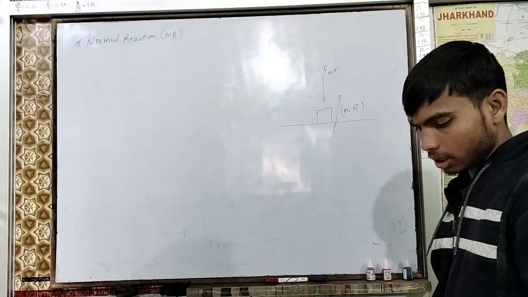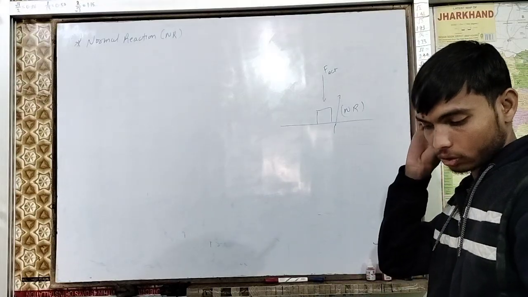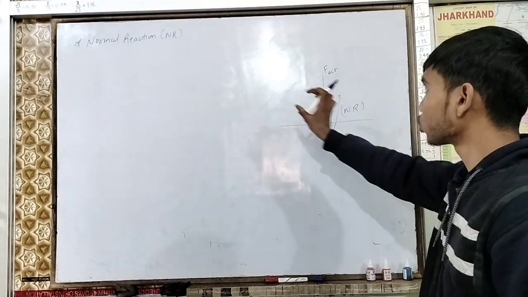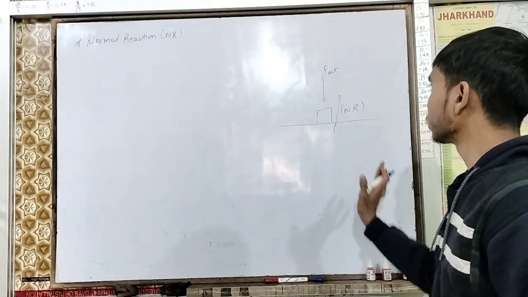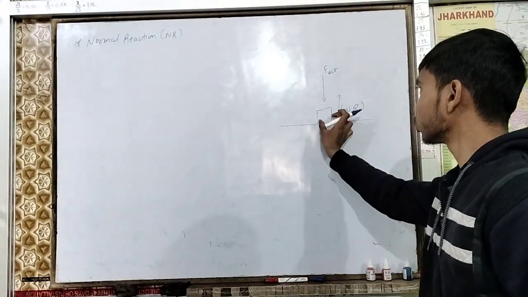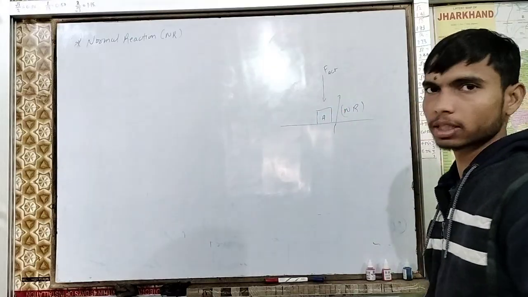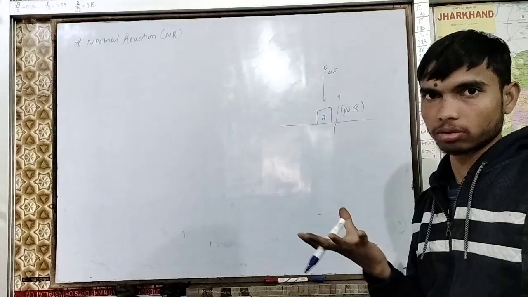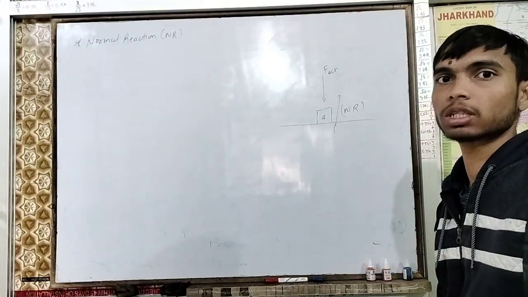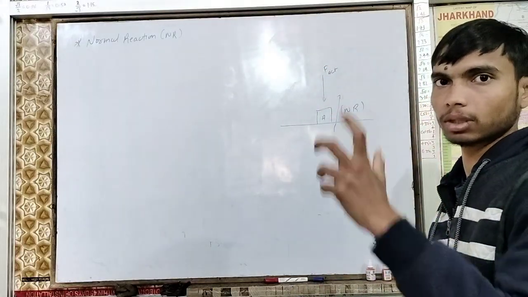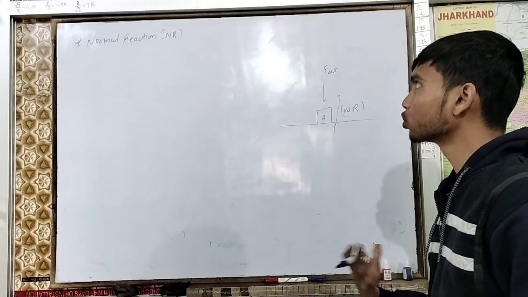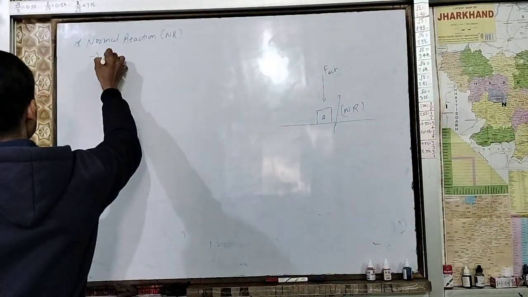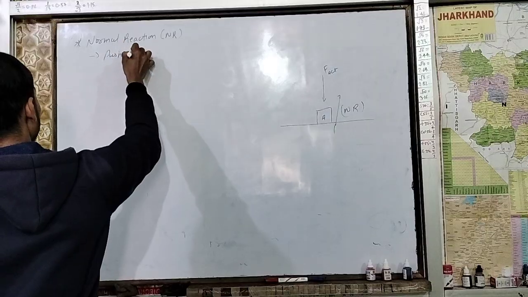This force is of pushing nature. Pushing nature means it is talking about normal reaction. It is pushing the object. Let's say the object name is A. This normal reaction is a force which is pushing the A object. That's why we consider it a pushing force.